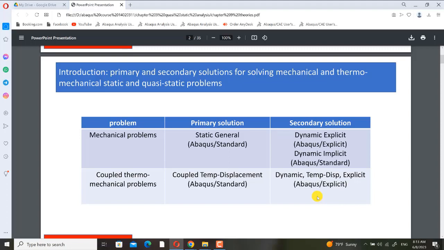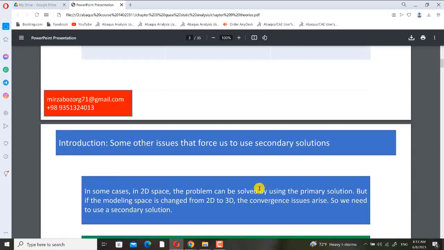For example, to simulate hot rolling, we must use the dynamic temp disp explicit step, because this simulation is highly nonlinear. In this simulation we have contact and large deformations, and also material changes with temperature, which increases the degree of nonlinearity of the simulation.